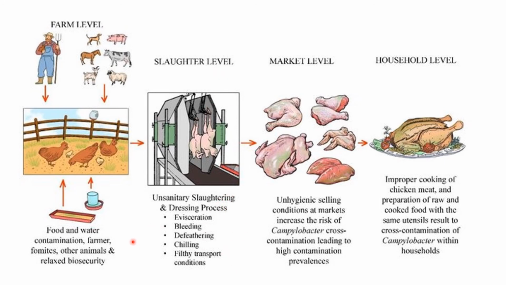So going back to that control method for Salmonella, if unsanitary slaughter practices continue, the contaminants will really increase. Again, there may also be contamination at the market level, so cross-contamination with other food products. And of course, improper cooking at the household level may also play a role in Campylobacteriosis.